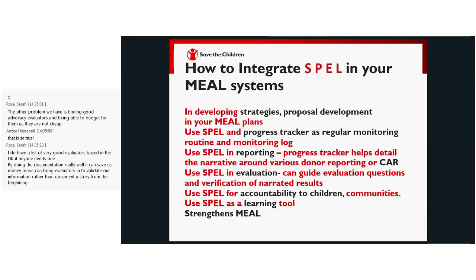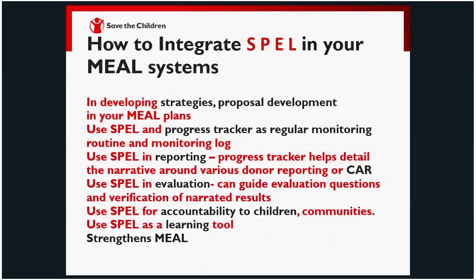You can use SPEL and the progress tracker as a regular monitoring routine and a monitoring log. You can use SPEL in reporting because the progress tracker helps detail the narrative around whatever various donor reporting you have, the country annual report you have, so it will help you gather all that information in a systematic way.